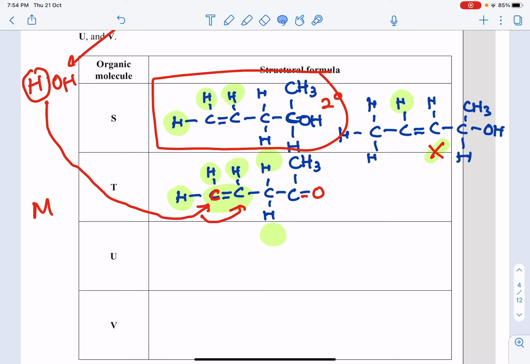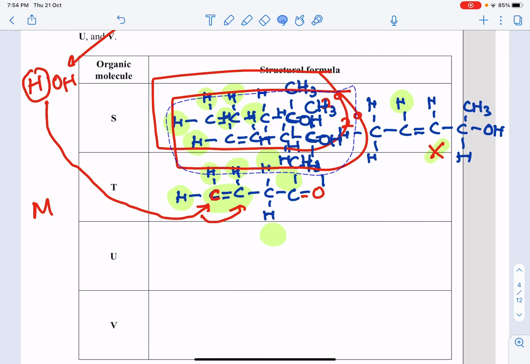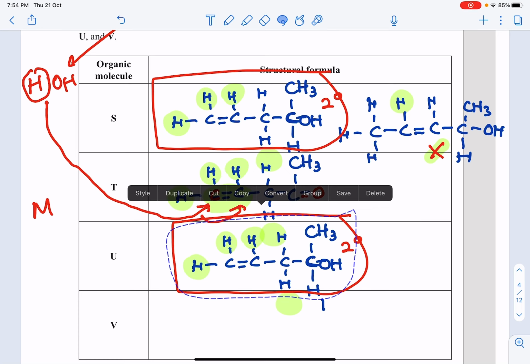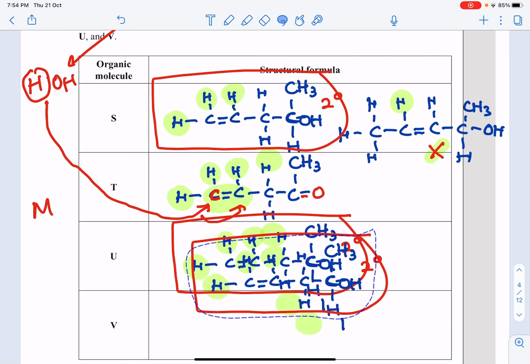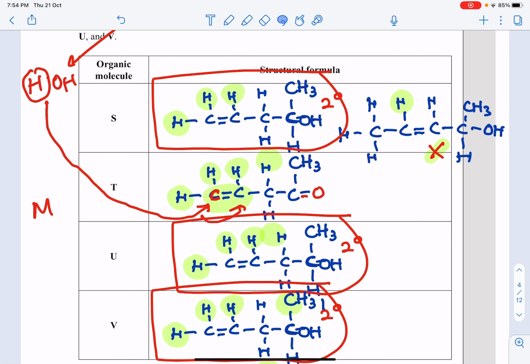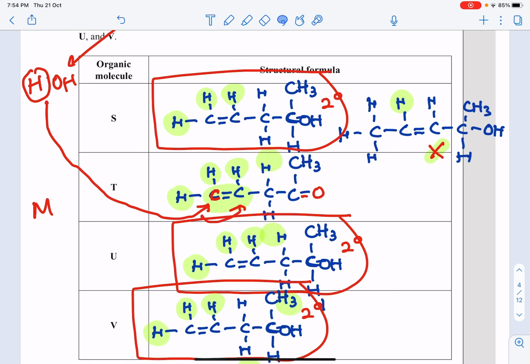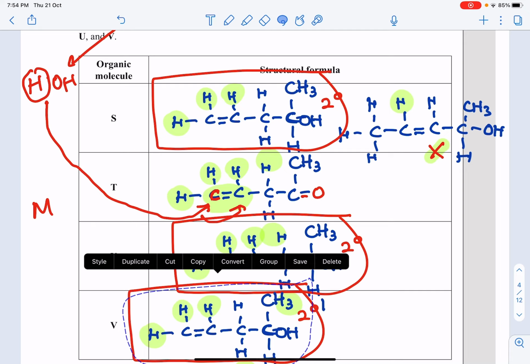So again, I am going to duplicate this one right here from the H. Duplicate one more time. Duplicate one more time. In the exam, it's just like you copy and paste, you don't redraw the whole thing.